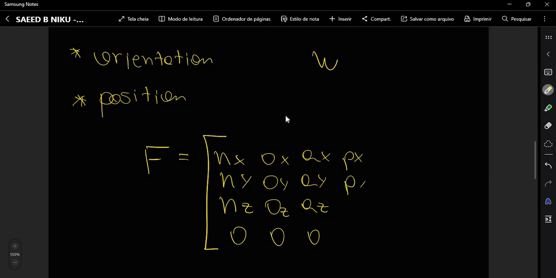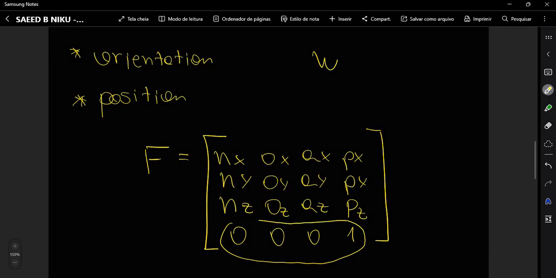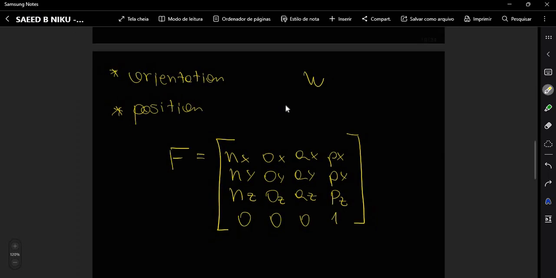Px, Py, Pz, and this row has the scale factor W, and basically this topic is bringing to us this information.